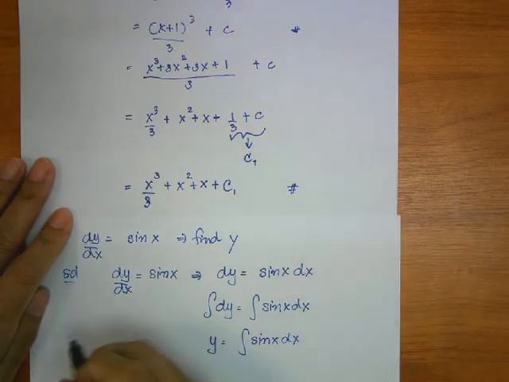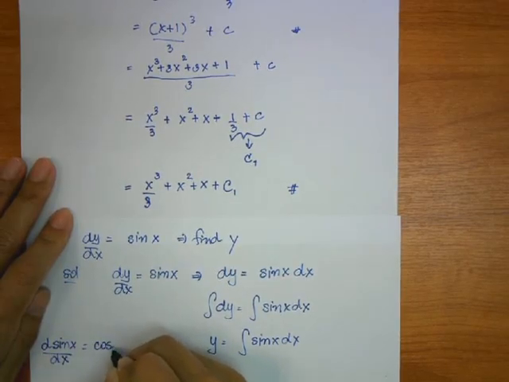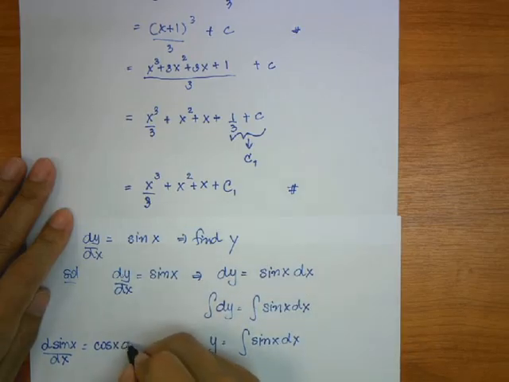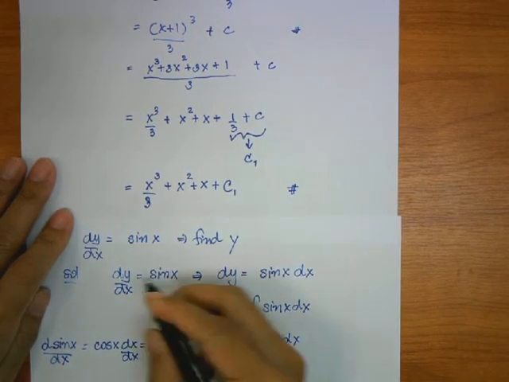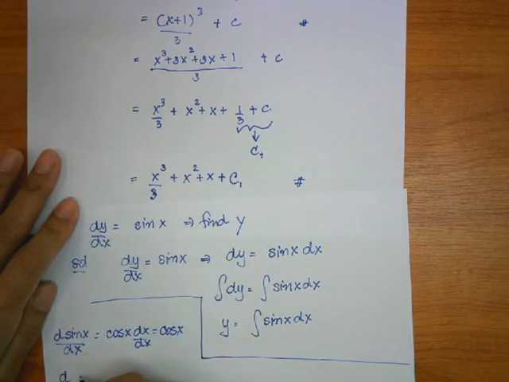We know that the differential of sine x by dx is equal to cos x, right? And then we also know the differential of cos x by dx is equal to minus sine x, right?